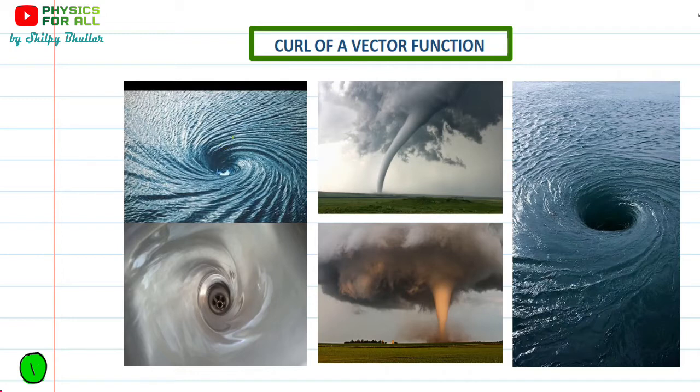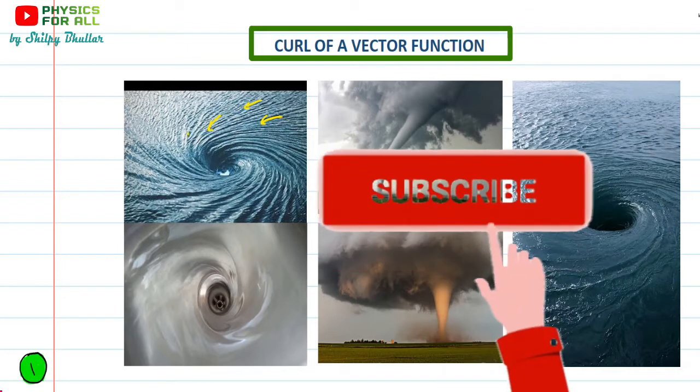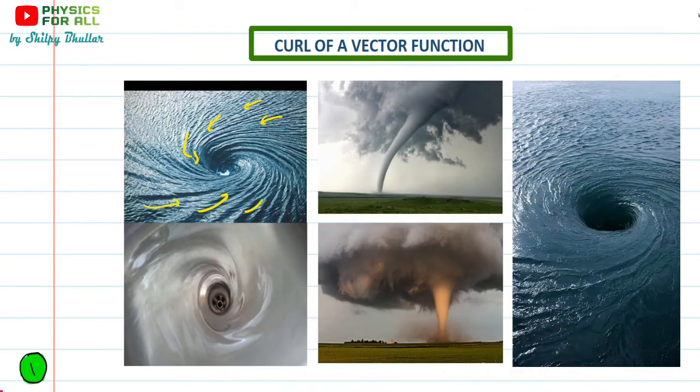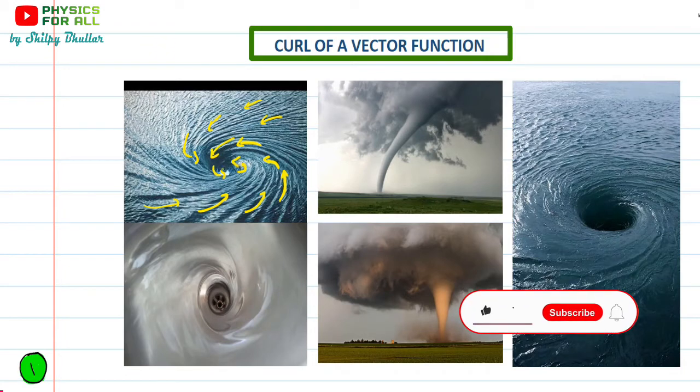As you can see in this pic, these water layers, you can consider to be vectors, and they all are moving. They are rotating. You can see these layers are clearly giving us the idea of the direction in which the vectors are moving. So this is a clear indication that here the vectors are curling.